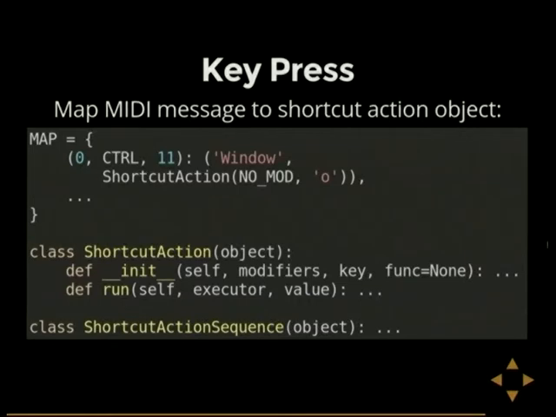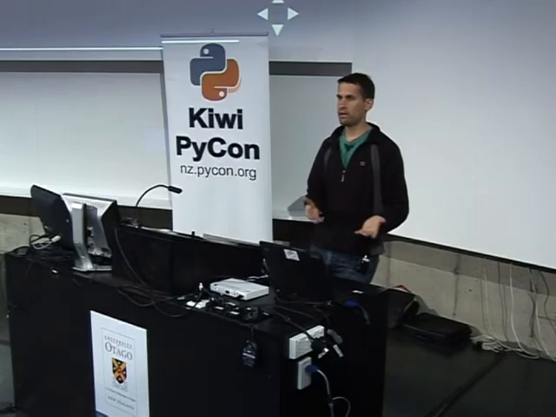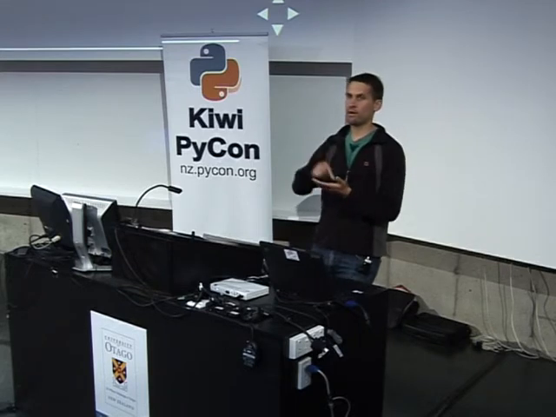They take modifiers, so Control, Alt, Shift, the actual key, and also optionally a function, because the MIDI message values are only 0 to 127. Your application, or in my case Darktable, probably doesn't want to set the brightness of a photo from 0 to 127.